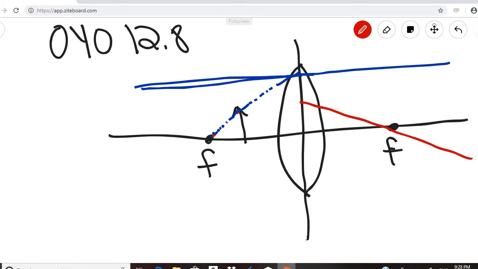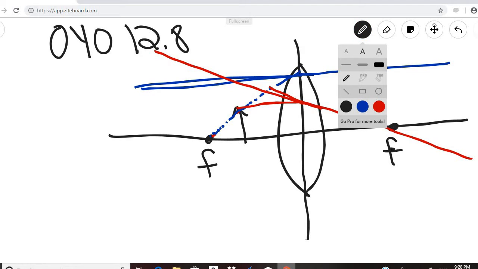It came in horizontally and exited. So then we will extrapolate the path of exit here. Okay, so those two will intersect right there. Okay, so here's the bottom.